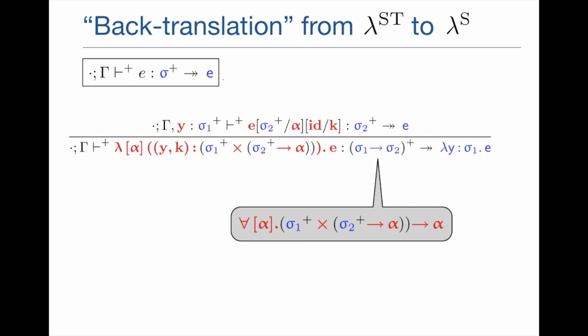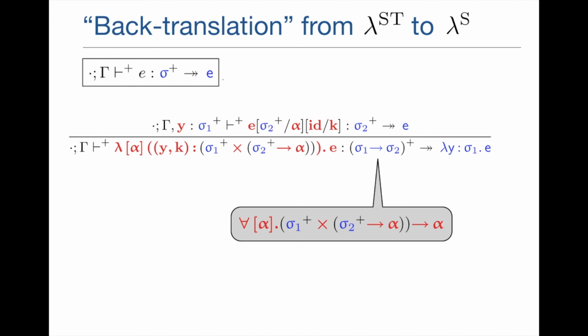So what we need to prove that is that if we say that y does have type sigma 1 plus in the type environment, then if we can judge that substituting sigma 2 plus for alpha and the identity function for the continuation into E will give us a sigma 2 plus, and that back translates to some E, then we know we can use that E in the lambda expression, where if we give it a term of sigma 1, then we'll get some sigma 2, which is pretty straightforward.